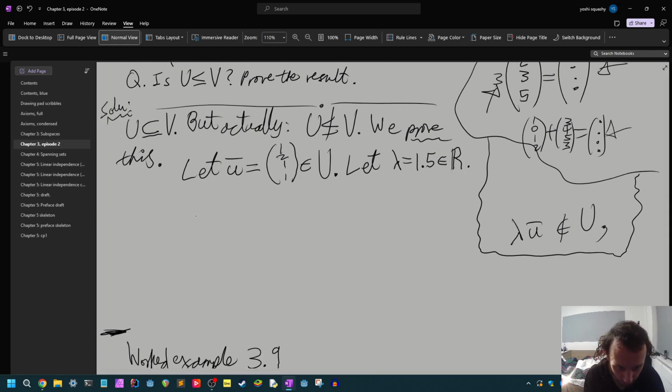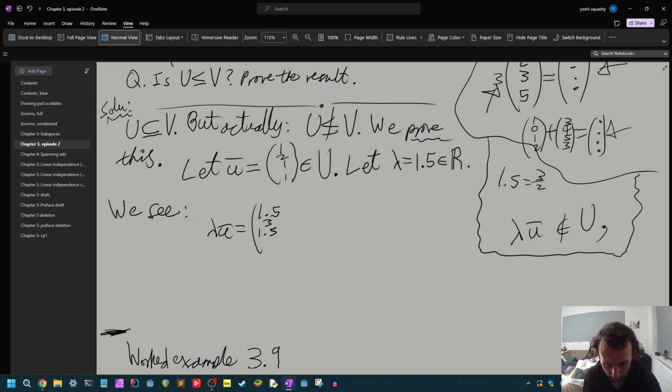I'm sorry about that. Okay, and then we can say we see that lambda u equals 1.5 times 2. That 1.5 is 3 over 2 as a fraction. So you multiply that by 2, you get 3, 1.5, 1.5.